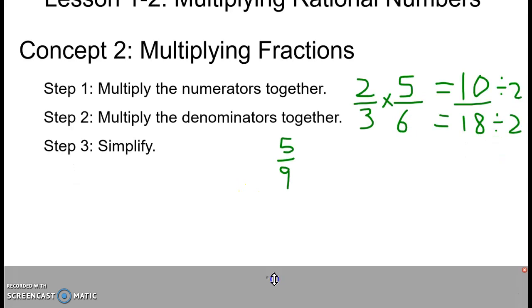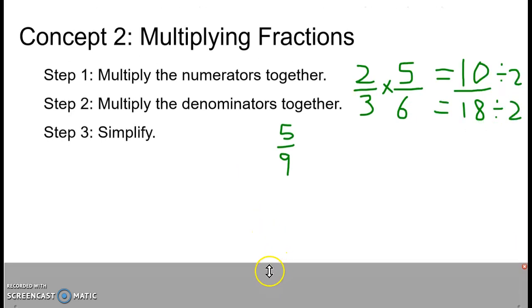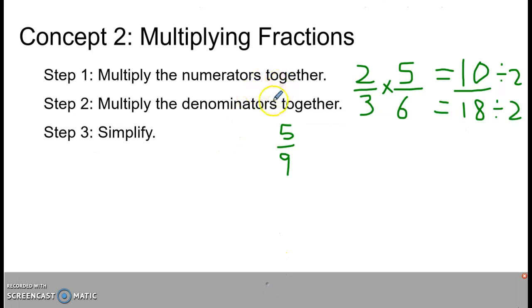Now, part of the issue that some students have when multiplying fractions, or even when just using fractions, is the way they can appear when they have negative fractions. So you could have a negative fraction that looks like negative 1/4 with the negative sign out here.